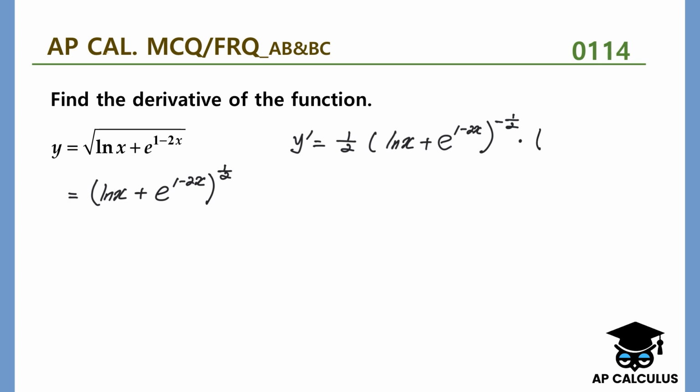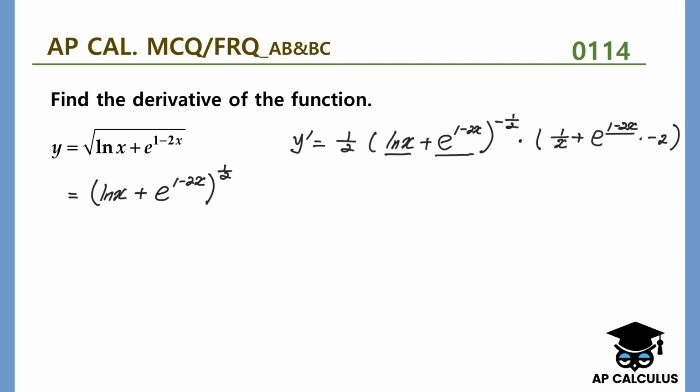So the derivative of natural log x, that's 1/x, plus the derivative of e to the 1 minus 2x. For the exponential function, we have to rewrite the whole of this expression and multiply by the derivative of the exponent, right? Chain rule, right? So 1 minus 2x, the derivative is negative 2.